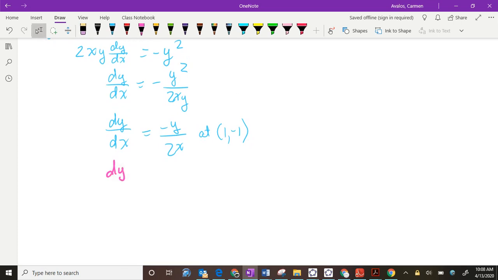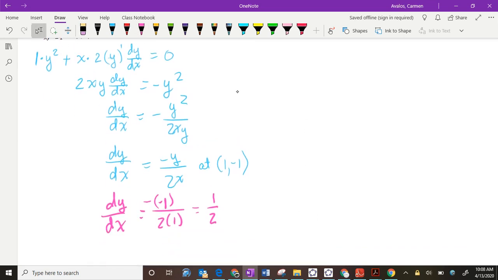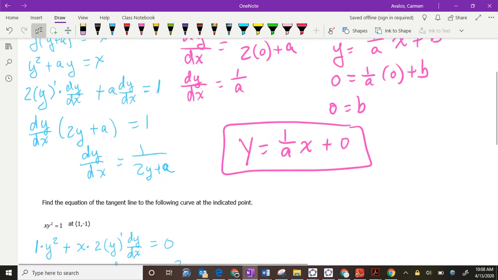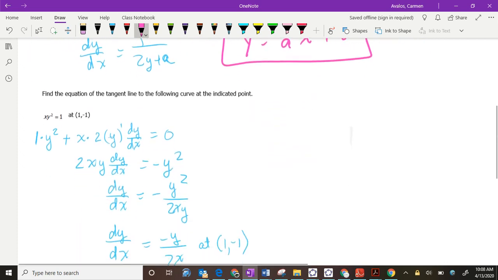So we have dy dx is going to be, that's a negative 1, so that's going to be a positive 1, and then 2 times 1. So that's where we're going to get 1 half. So the derivative at 1, negative 1 is going to be 1 half. This here is my m, just so we know.